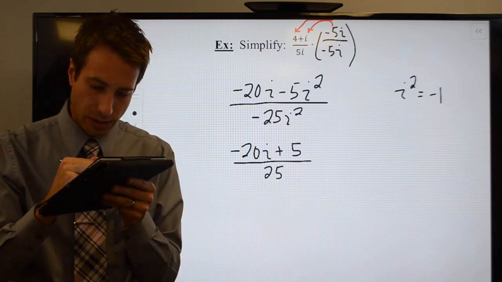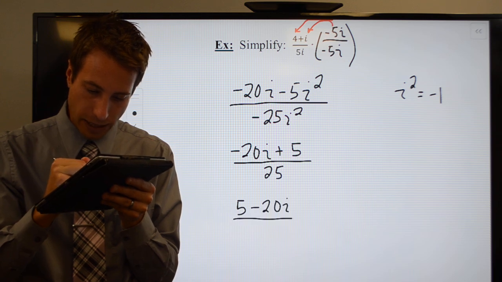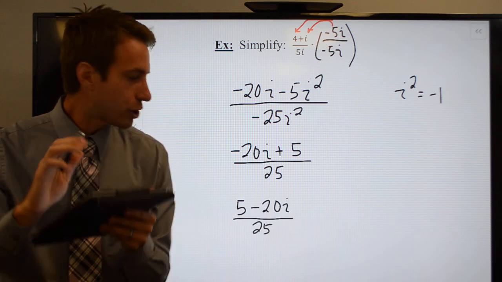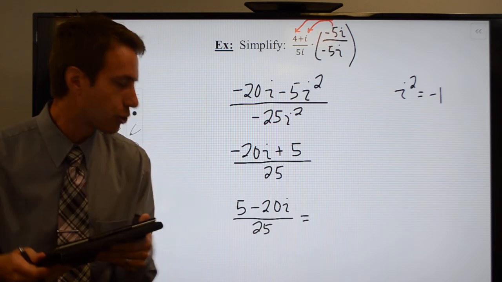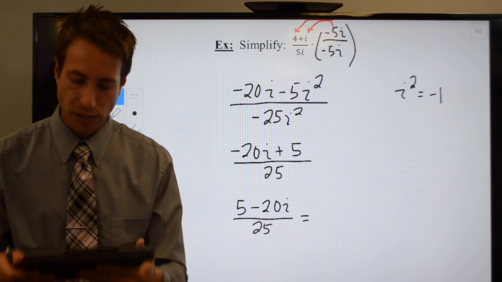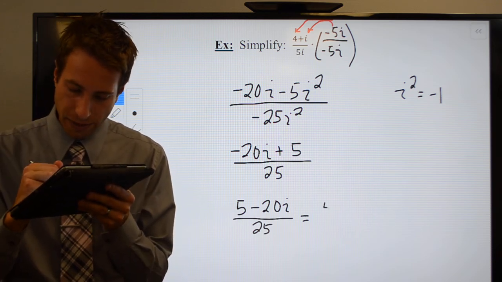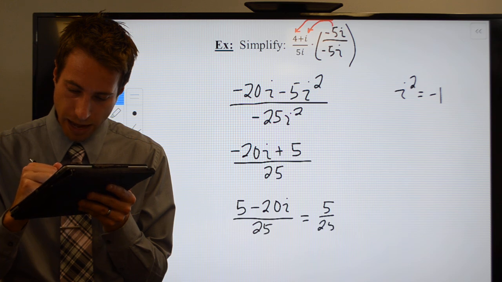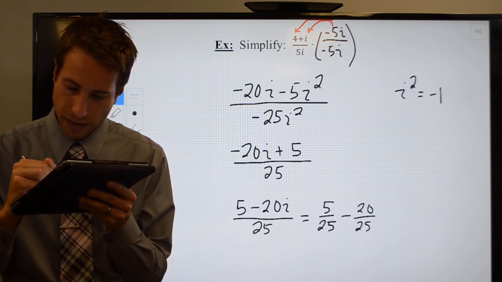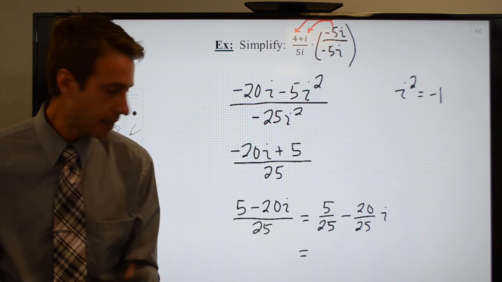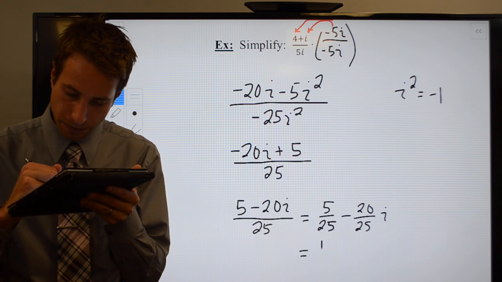Switch those so that I have 5 minus 20i, all divided by 25. That is a perfectly acceptable answer, except you should also be able to separate them and reduce the fractions, which can be done. Here's what it's going to look like: 5 over 25 minus 20 over 25i. I pull a 5 out of both of those and wind up with 1/5.